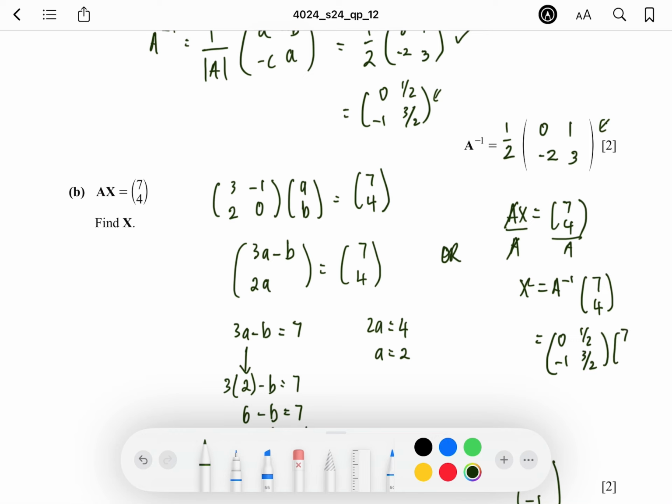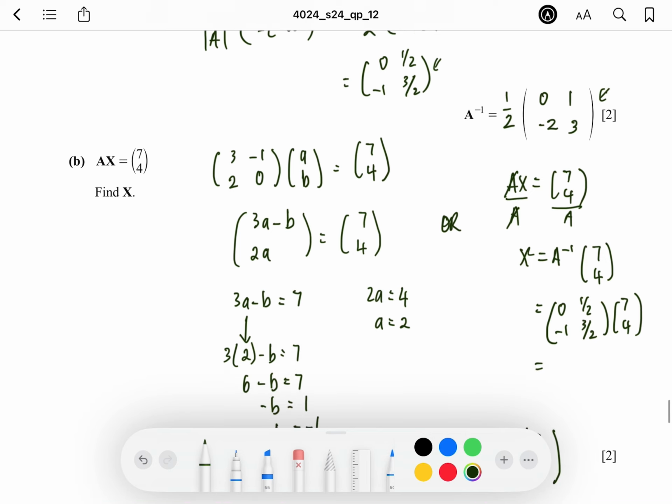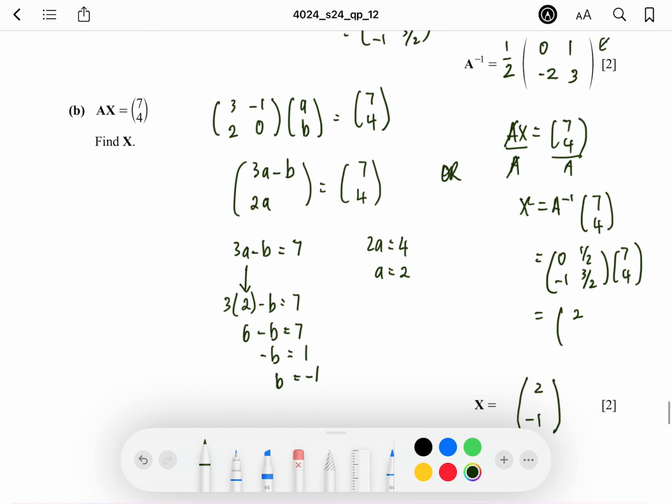And if you simplify, 0 times 7, plus a half times 4 is 2. Minus 1 times 7, which is minus 7, plus 3 over 2 times 4, which is 6.